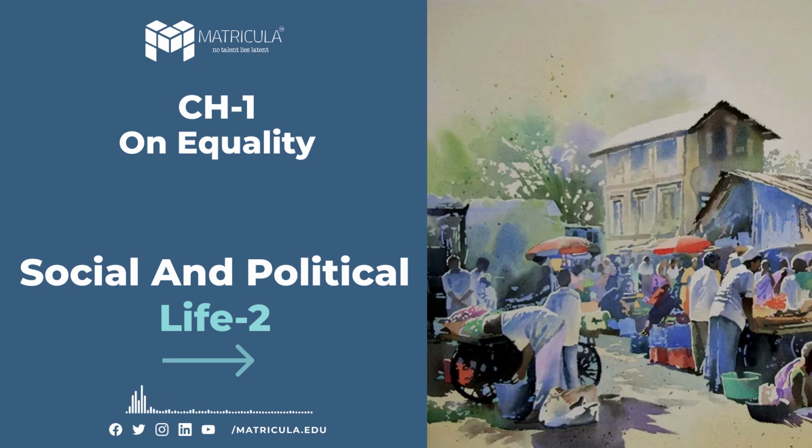Kanta is excited to vote and happy that she is equal to all of the others because each one of them has one vote. But as her day goes on, Kanta becomes less certain about what this equality really means.